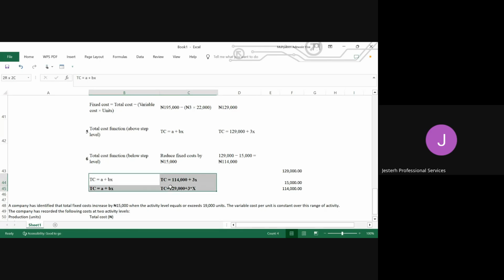This first cost function is when the level of activities is below what they give us.